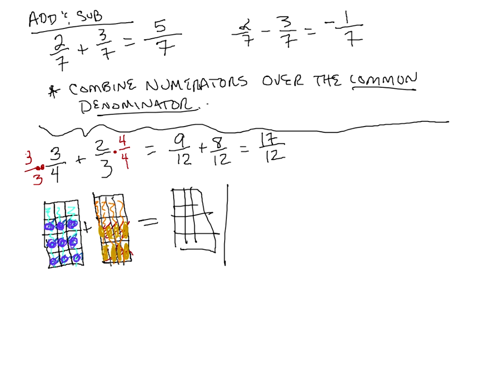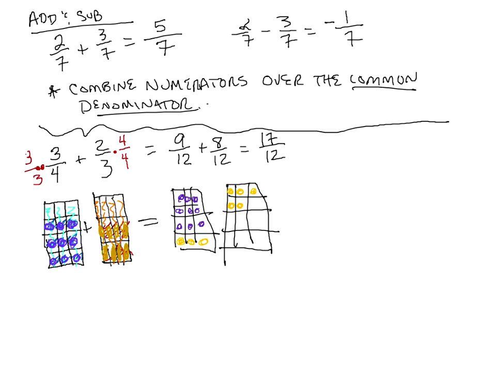I need another whole. I'm so sorry. That's terrible. 1, 2, 3. Okay. So my purples, I have 9 of those. 1, 2, 3, 4, 5, 6, 7, 8, 9. And my yellows, I have 8. 1, 2, 3, 4, 5, 6, 7, 8.